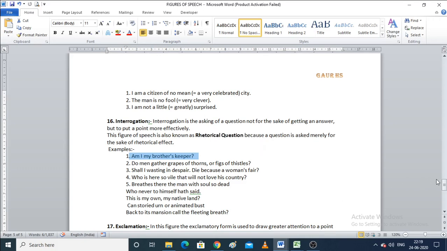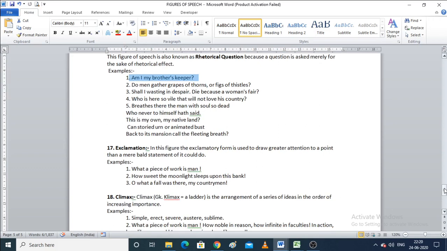Now, exclamation, the 17th one. In this figure, the exclamatory form is used to draw greater attention to a point than a mere bald statement of it could do. Now, we all know about exclamation. The exclamation mark is always used to express astonishment or surprise, to grab the greater attention of the reader.